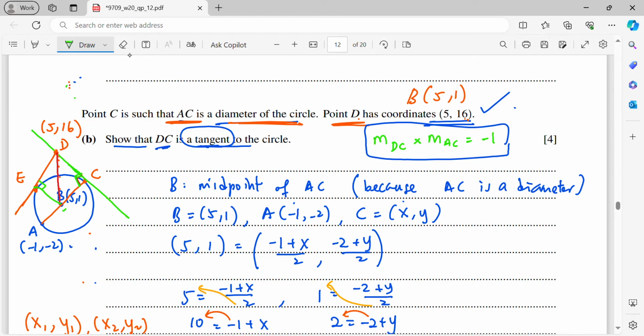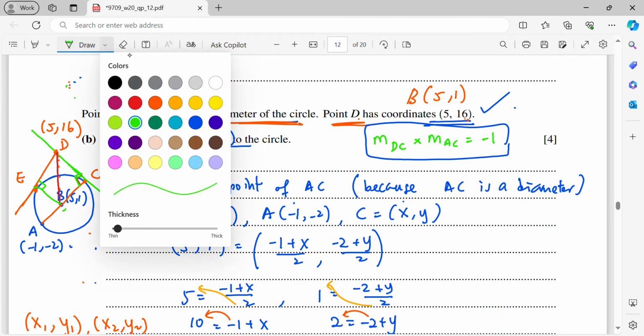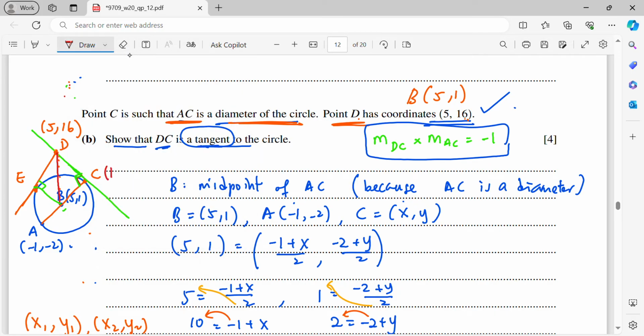From C to D, your D is 5, 16, your C is basically 11, 4, we have found just now. From C to D, the X value is from 11 to 5.